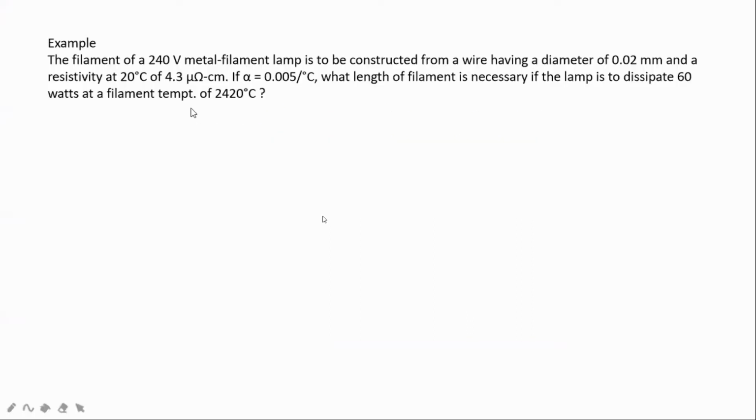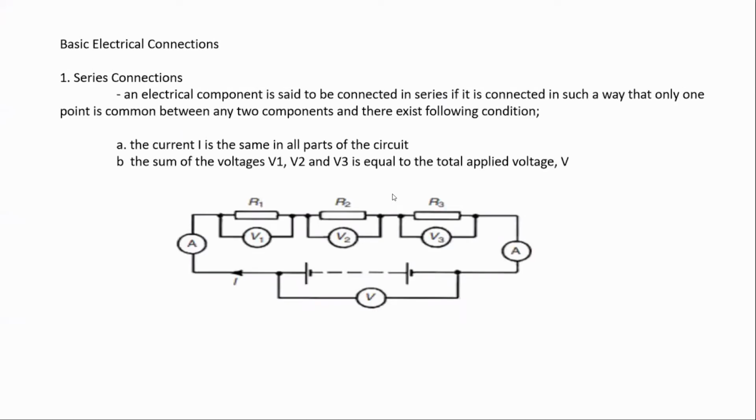To continue, this is actually the last example we had last meeting. So we will continue with basic electrical connections. We have series connections and parallel connections as basic connections, but there are combinations of the two.